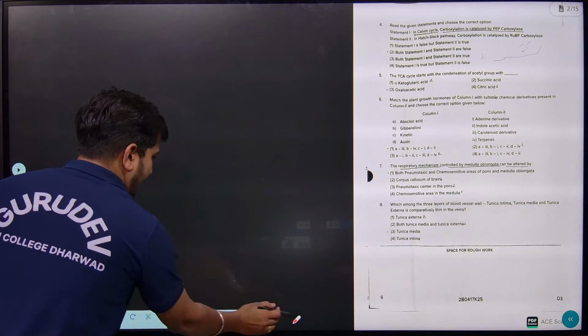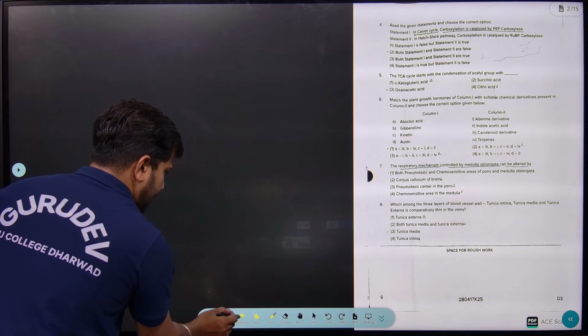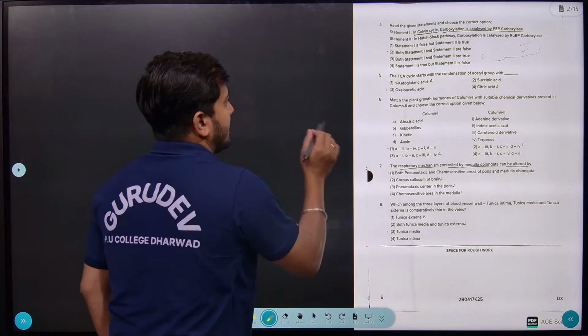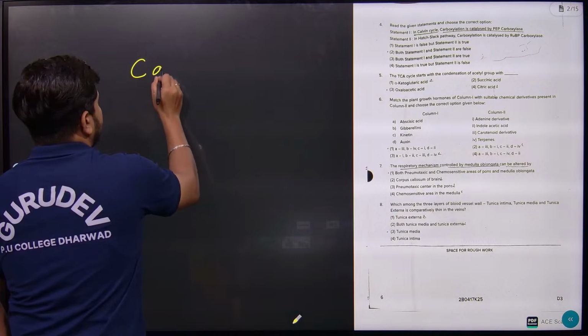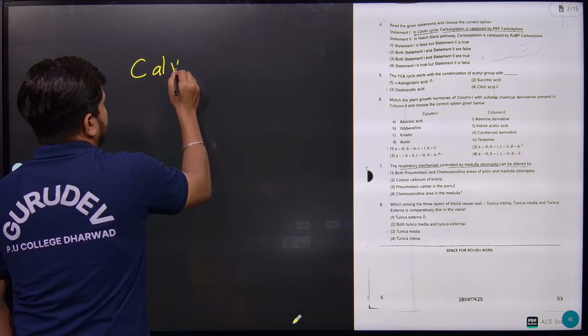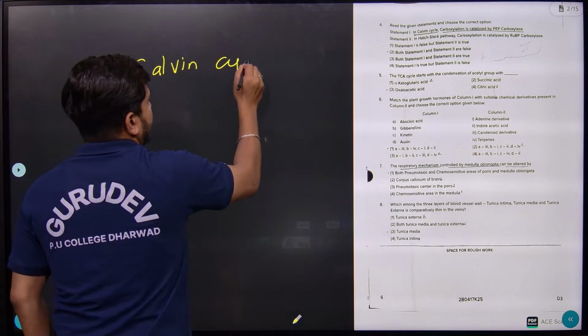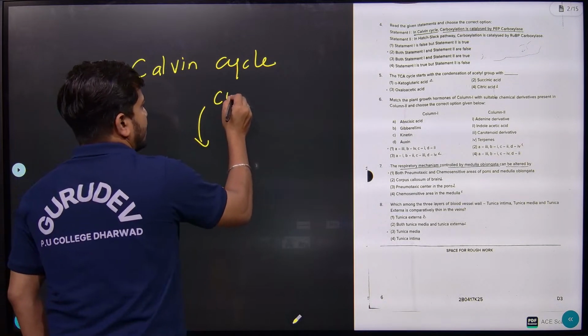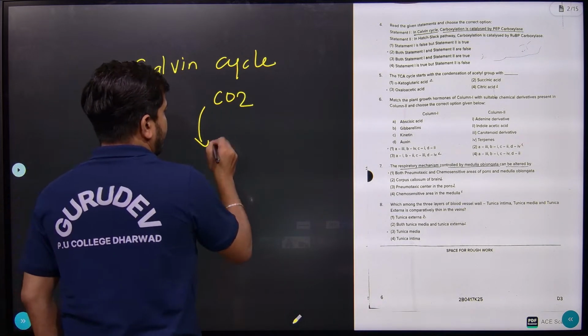So with respect to that, if you consider overall, majorly, if you consider the Calvin cycle, first the atmospheric carbon fixation is carried out by means of what?